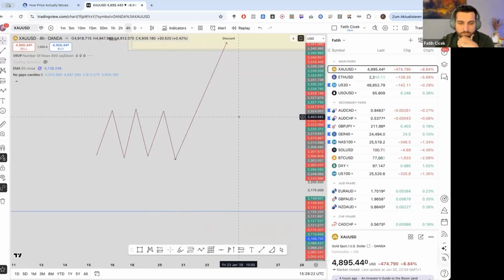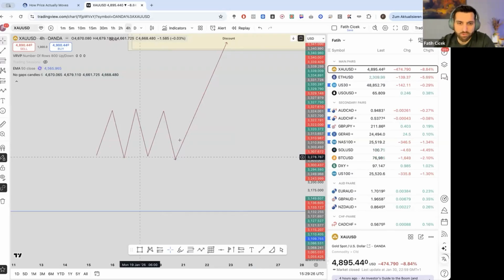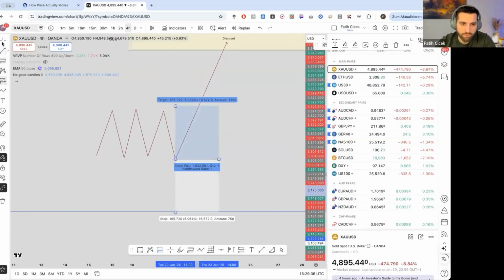The problem is they can't just enter 10,000 or 10 million lots. They can't just enter a position here and go long with, let's say, 10 million lots.